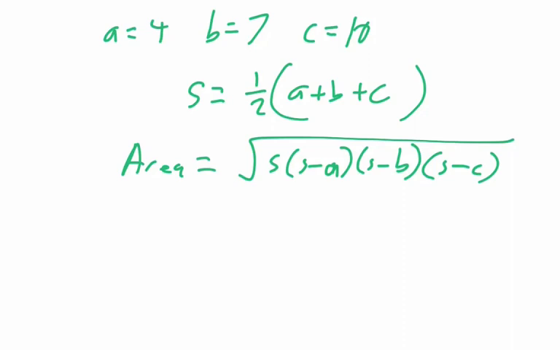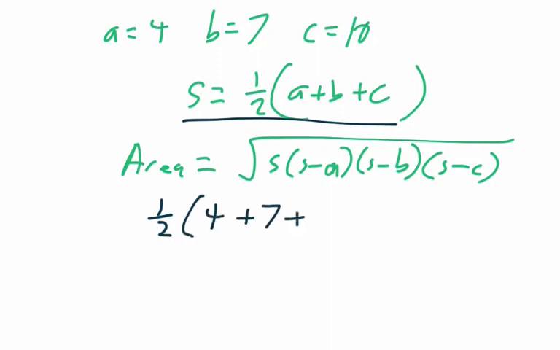Alright, we're trying to find the area here. So the first thing we have to do is find the semi-perimeter, which is 1/2 A plus B plus C. And when I plug that in my calculator, we're going to wind up with 10.5.